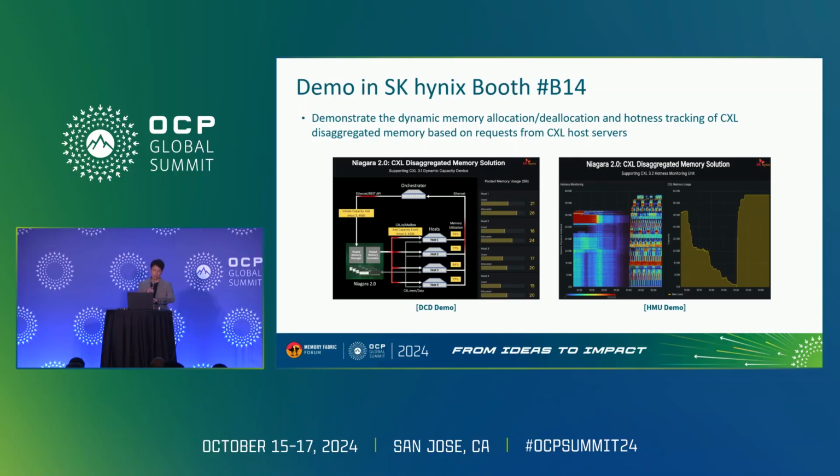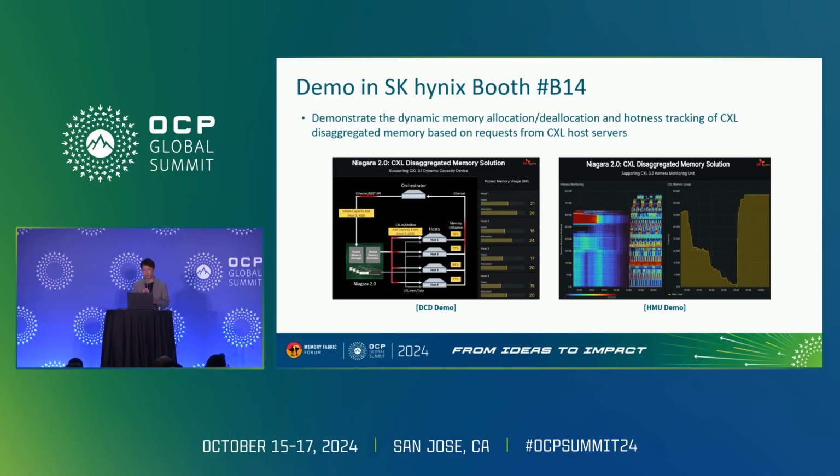In the DCD demo, 4 host servers are connected with Niagara, and if the memory usage for a specific host reaches the high watermark, then the orchestrator requests a memory add to the Niagara.